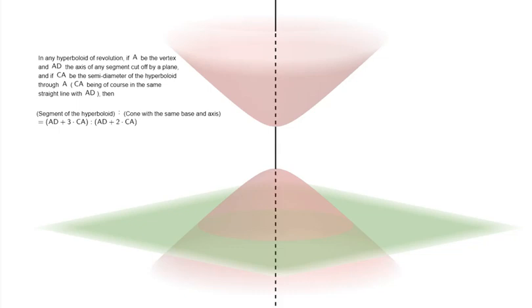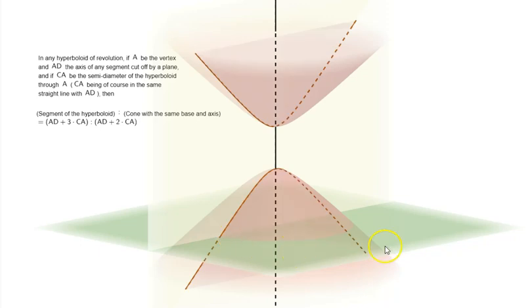So let's cut off a segment of the hyperboloid of revolution. Let's draw a plane through the axis, perpendicular to this. Now you will notice that this plane cuts the hyperboloid in a hyperbola, and this plane intersects this plane here.